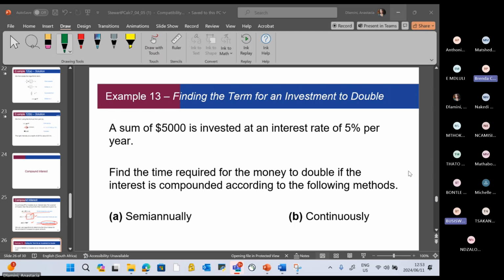So 10,000 equals the principal 5,000 times (1 plus 5% over 2), then we raise that to 2t. Yes, we raise it to 2t.